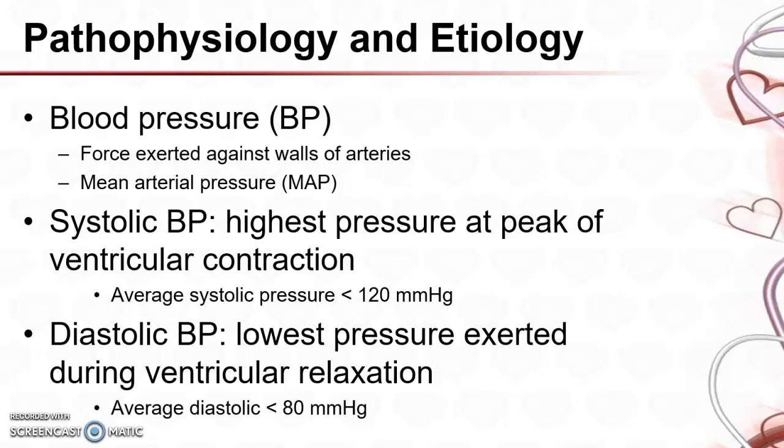So if you have a patient whose blood pressure is 120 over 80, their MAP would be equal to 120 plus 160, because that diastolic blood pressure has to be doubled. So 120 plus 160 is 280, and we divide that by 3.